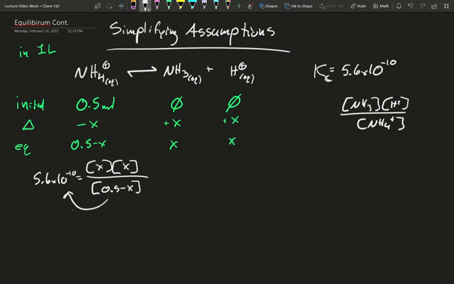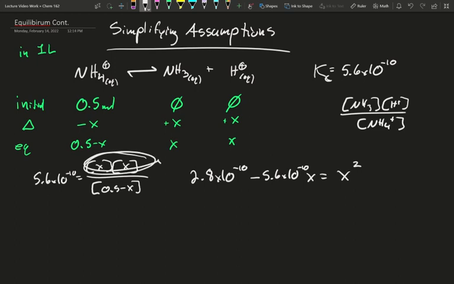I can multiply the bottom part over, rearrange a little bit. We'll find that 2.8 times 10 to the minus 10, so a half times our K, minus 5.6 times 10 to the minus 10x must be equal to x squared, our top two multiplied together.